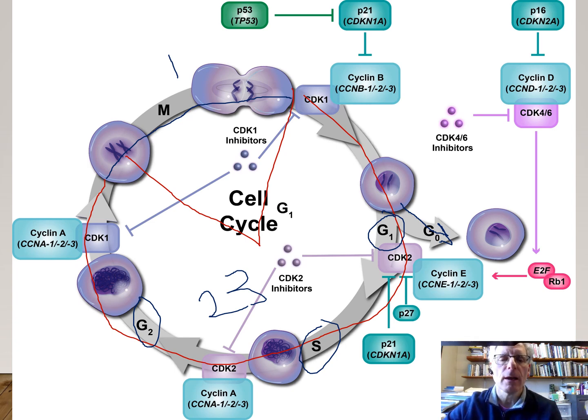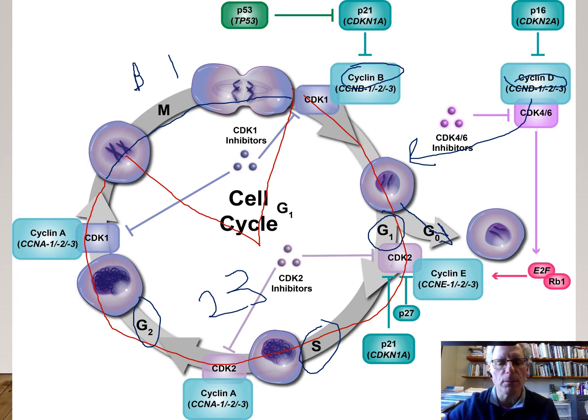As you can see here, progression through the cell cycle is dictated by these proteins called cyclins. And there are different parts of the cell cycle that are specific for different aspects. Different cyclins are associated with different parts of the cell cycle. Cyclin B is associated with M phase. Cyclin D is associated with early to mid G1. Cyclin E is associated with late G1 and S phase.